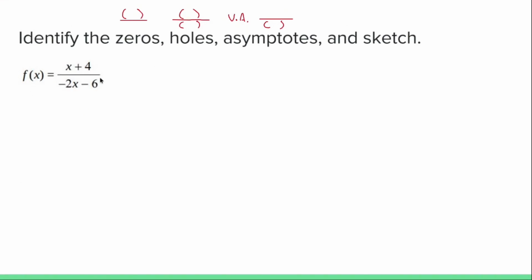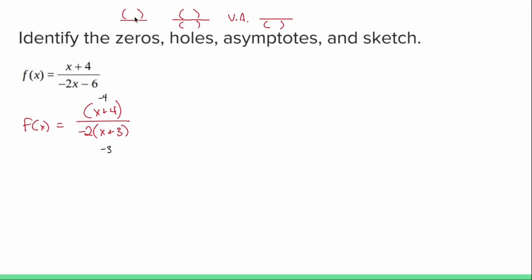All right, so let's factor stuff out. Really, the only thing I can do as far as factoring is rip out a negative 2 on the bottom. So I have a factor of x plus 4 up here. If I pull out negative 2 down here, that leaves me with x plus 3. So my magic numbers are going to be negative 4, because that's the number that makes the numerator's factor equal to 0, and negative 3 for the same exact reasons.